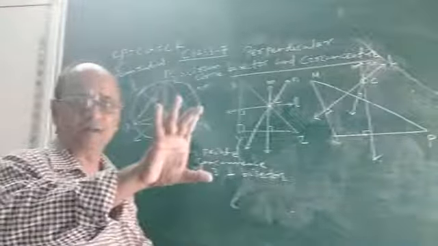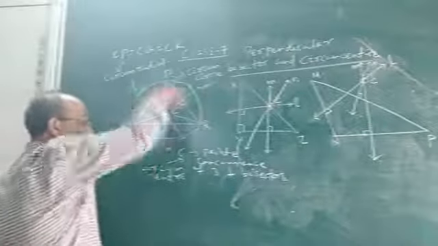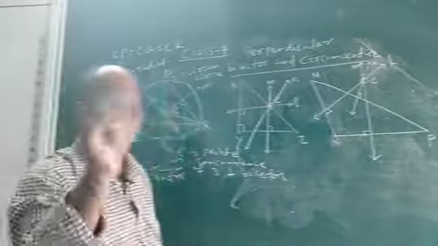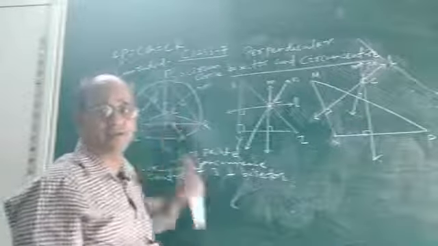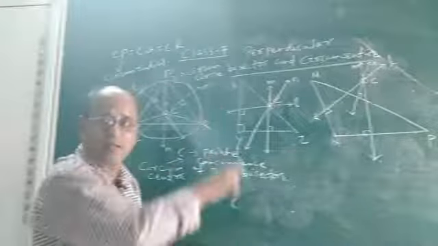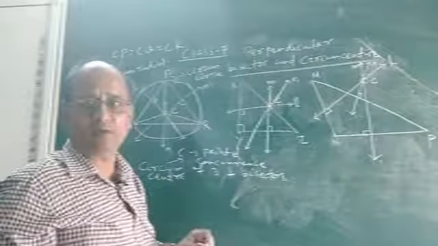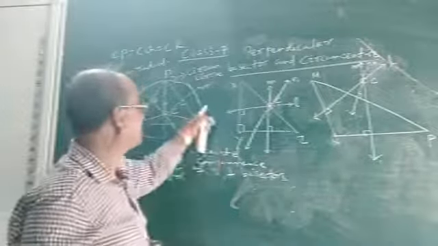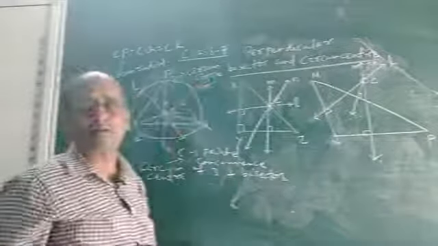You put the rounder here and draw a circle. You will see that the circle will pass through the three vertices of the triangle, and that is known as your circumcircle of the triangle.